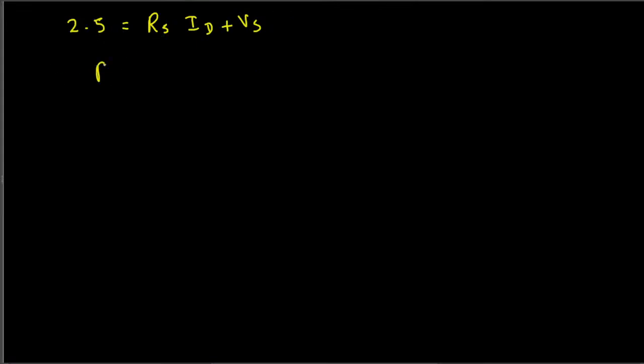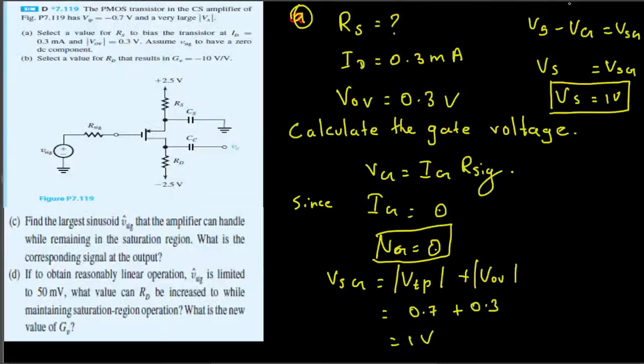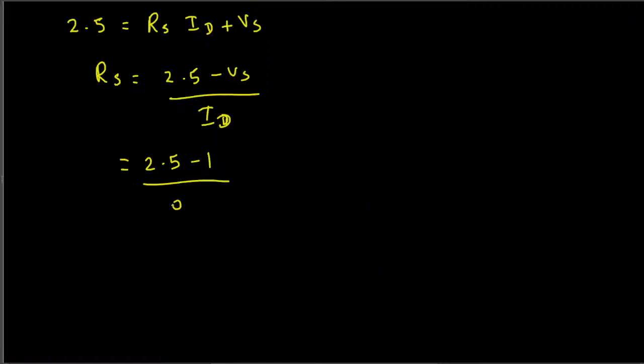If we rearrange this equation, it looks like this: Rs is equal to 2.5 minus Vs, divided by ID. 2.5 minus Vs is 1.5, and ID is given in the question, 0.3 milliampere.